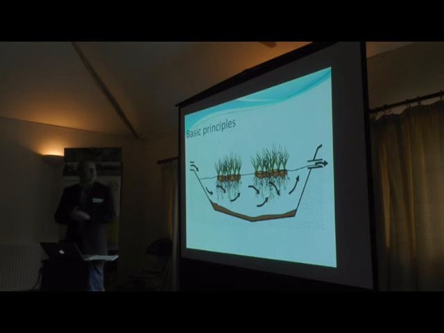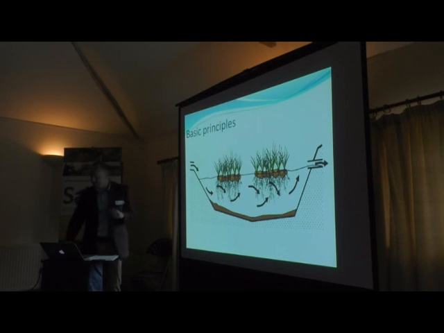Okay, so the basic principles. You have a medium which you are supporting the plants in. So for products such as Biohaven, it's like a blown plastic medium with a high surface area where the roots can penetrate, and it's injected with polystyrene, and so that floats, and then you'll have the plants planted within that.